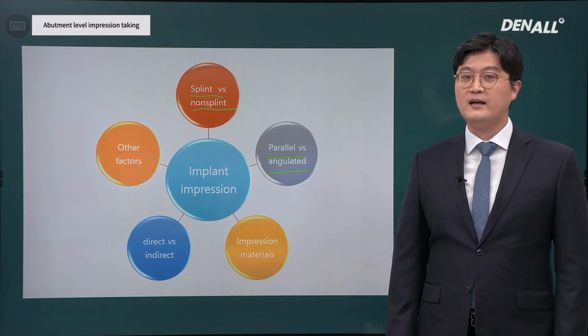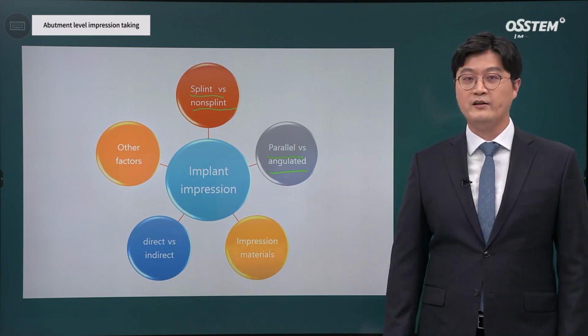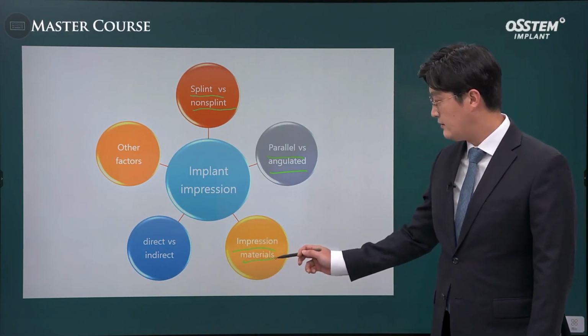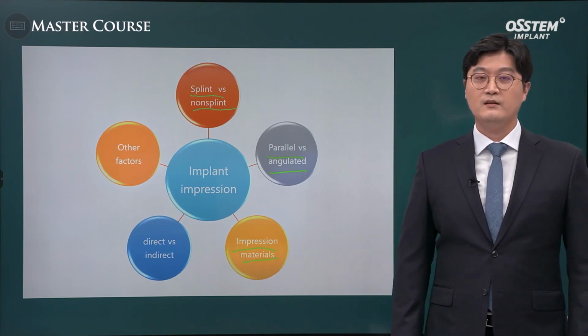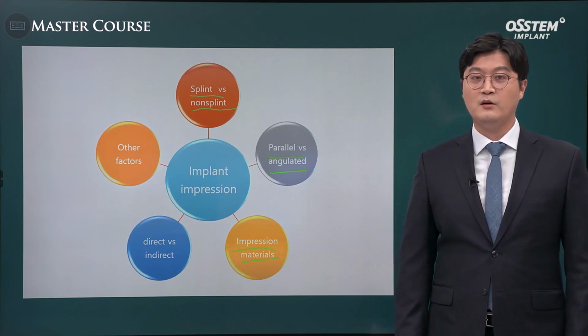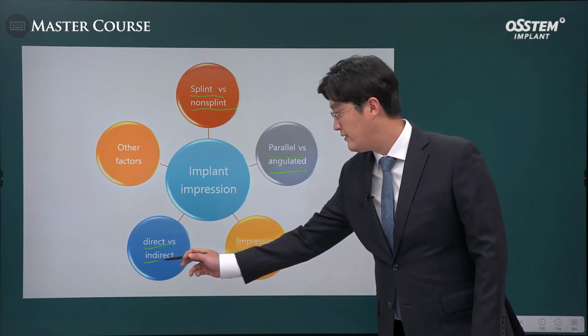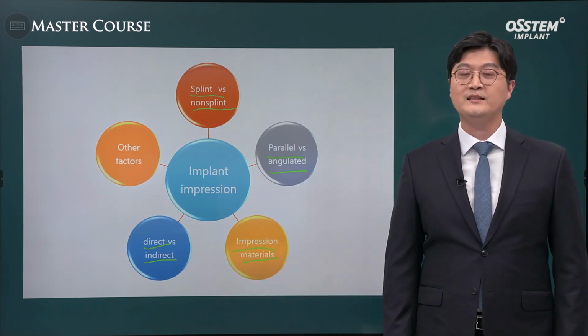So can the directions of implants placed, whether parallel or angulated. Also, impression materials can make a difference. Stock abutments or custom abutments, and direct versus indirect impression taking, can also make a difference.